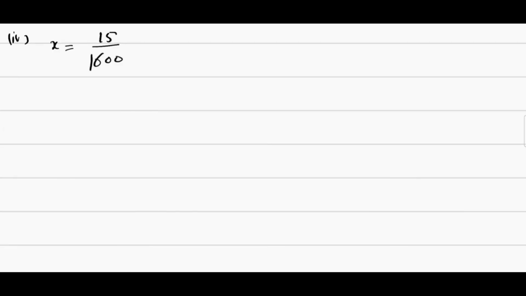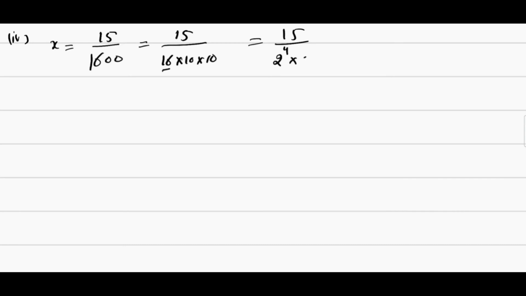So next question, here we have x is equal to 15 divided by 1600. Let's find the prime factors of this number Q, 1600. I can write this as 16 into 10 into 10. We know that this 16 we can write as 2 raised to power 4, and 10 is 2 into 5, and this 10 also 2 into 5.